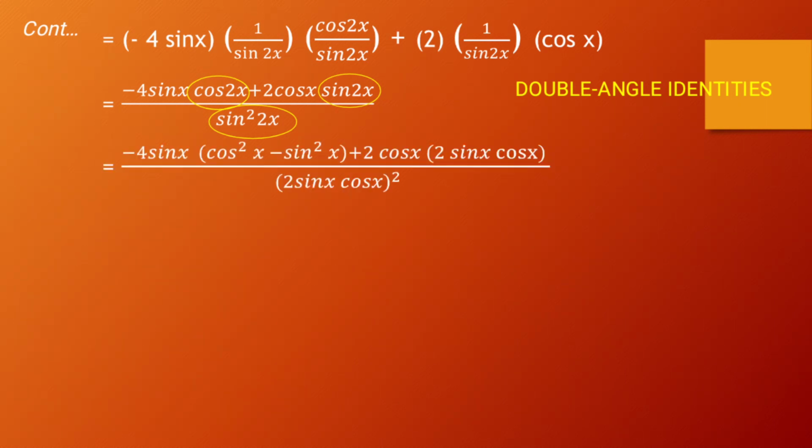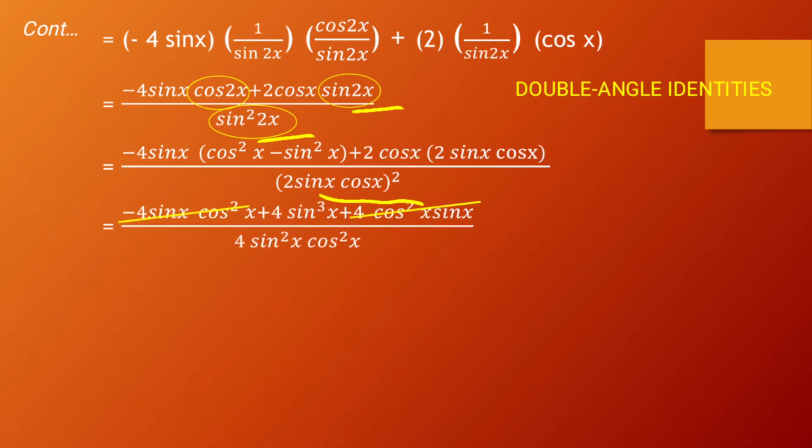Okay, so for the next step, we have negative 4 sine x and cosine 2x is equal to the quantity cosine squared x minus sine squared x plus 2 cosine x. And for the double angle of sine 2x, it is the quantity 2 sine x cosine x. And for the double angle of this sine squared 2x, we have the quantity 2 sine x cosine x squared.